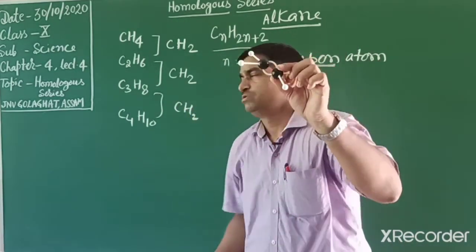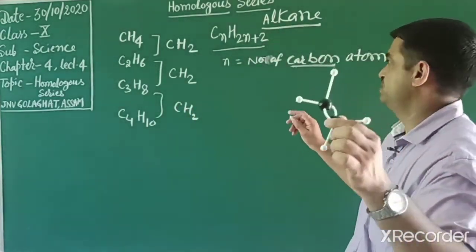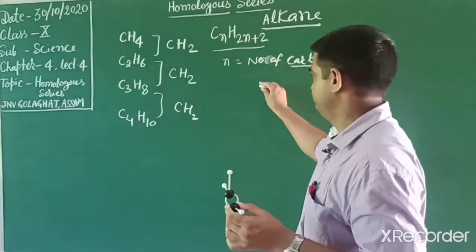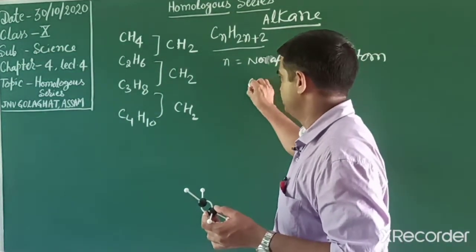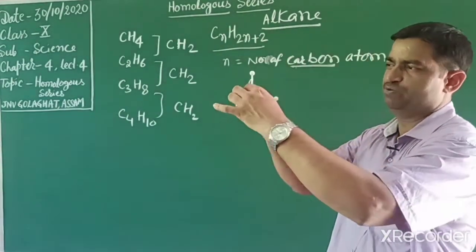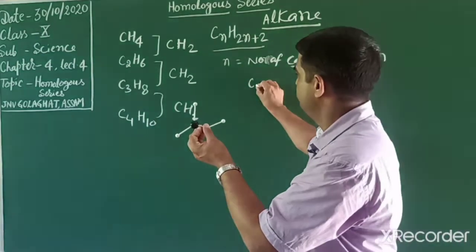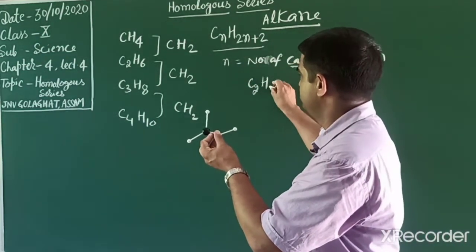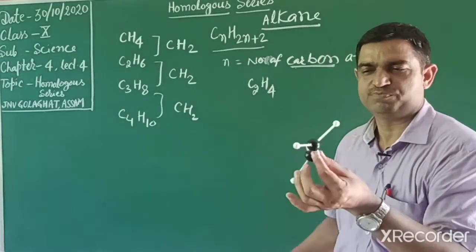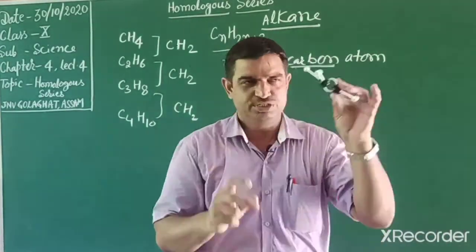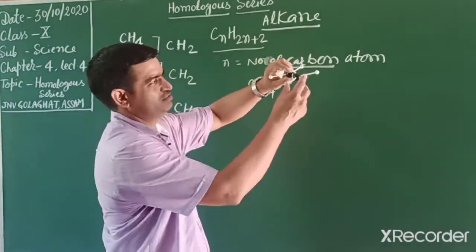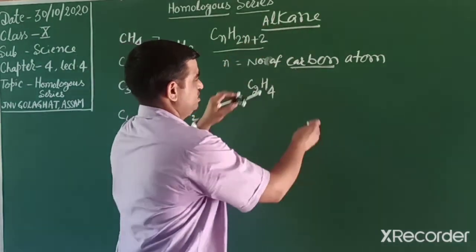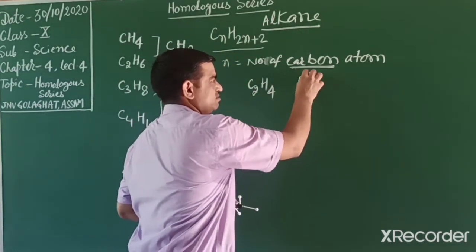So for making a double bond, at least 2 carbon atoms are required. Its molecular formula, how can we write? C2H4, the first compound. This type of compound is known as alkene.